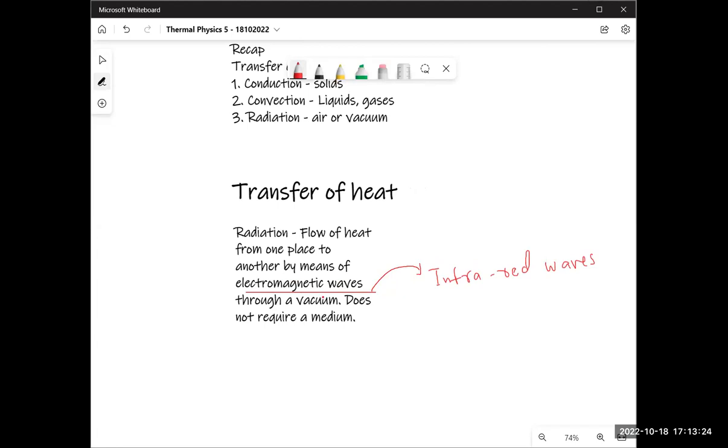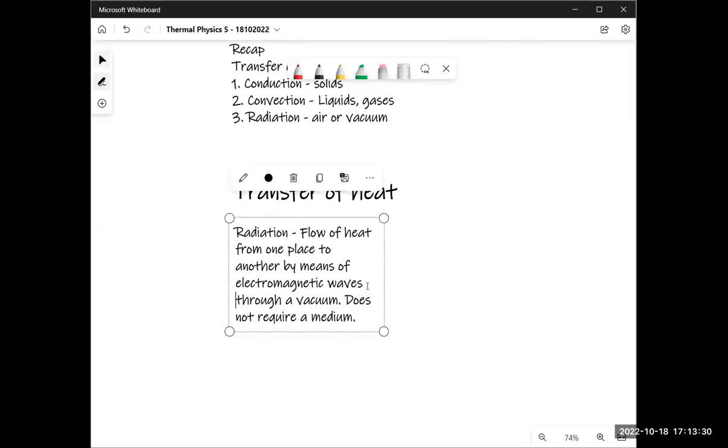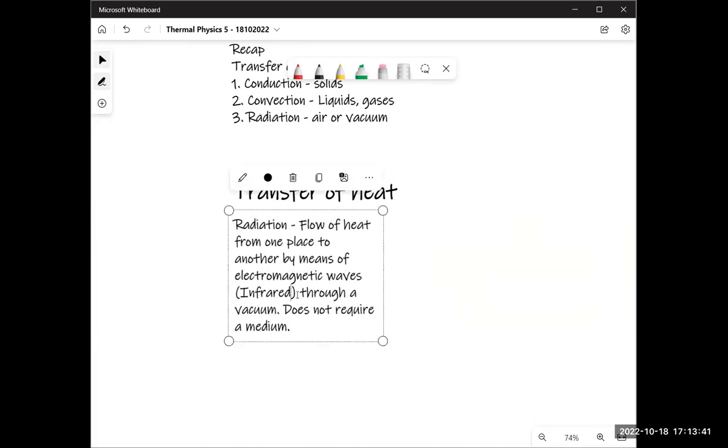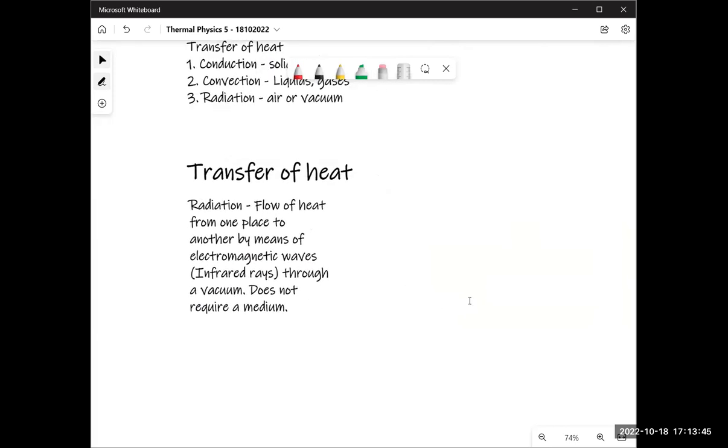It happens because of electromagnetic waves. In brackets over here, infrared. Now tell me when you're done writing.